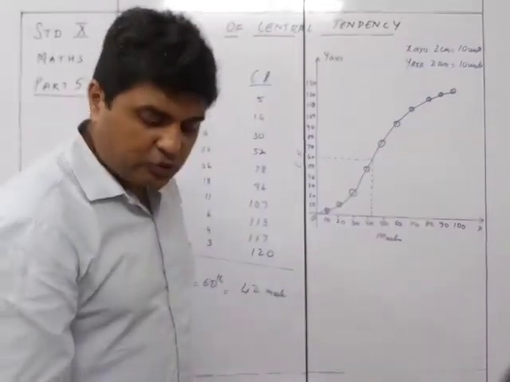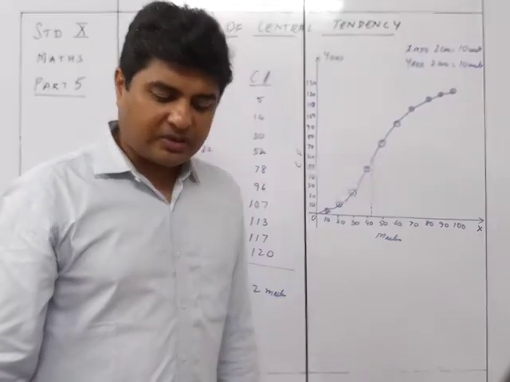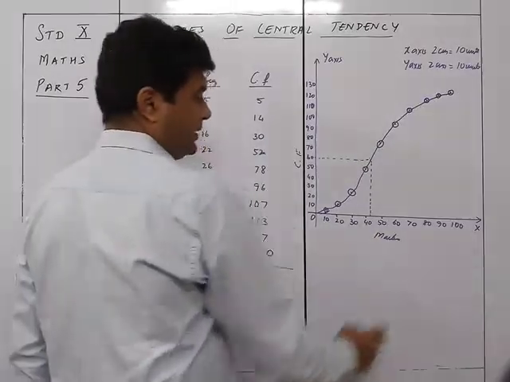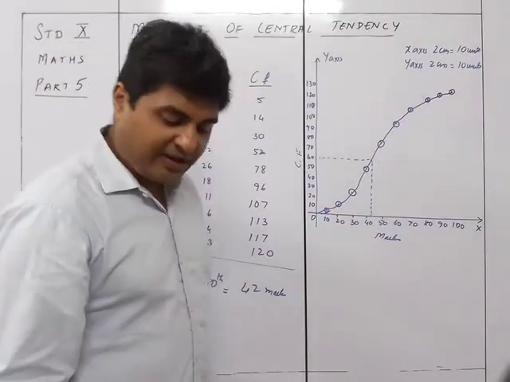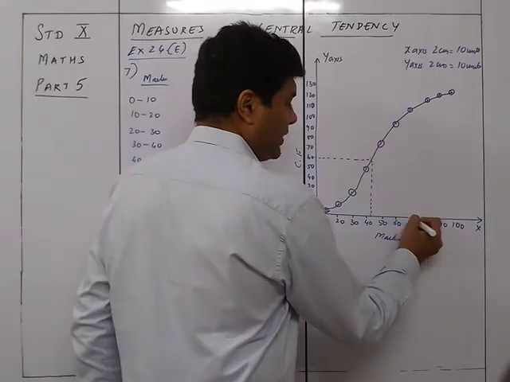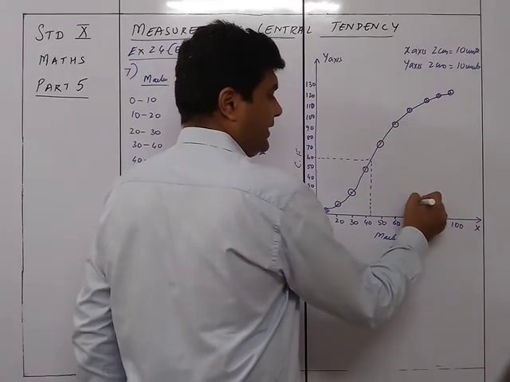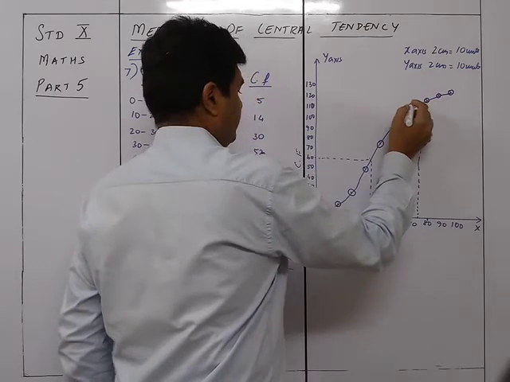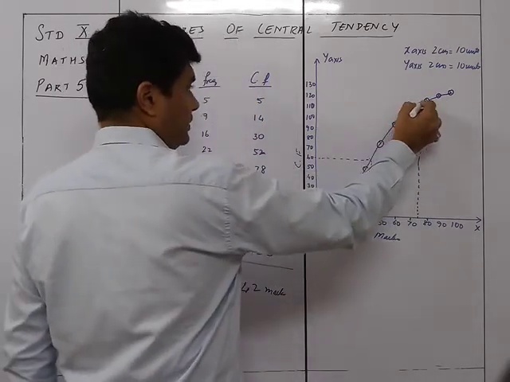Now the next is the number of students who obtained more than 75% marks in the test. Now you can see that it is a paper of 100 marks, so more than 75% means 75. We are going to mark at 75 and bring it upwards like this, and then you are going to take it over this side.